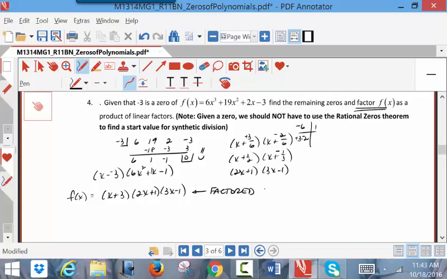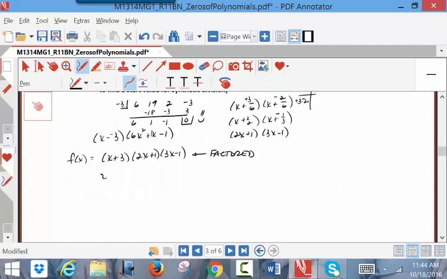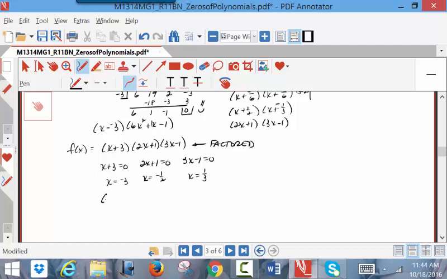Then they ask you, given this zero, find the remaining zeros. So to find the remaining zeros, you set each factor equal to 0. So I get x equaling negative 3, x equaling a negative a half, and x equaling a positive 1/3.